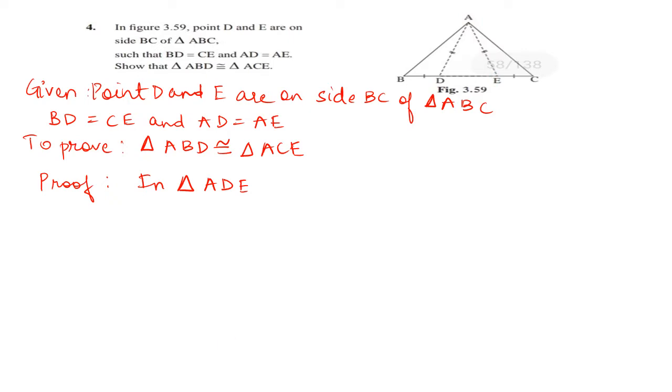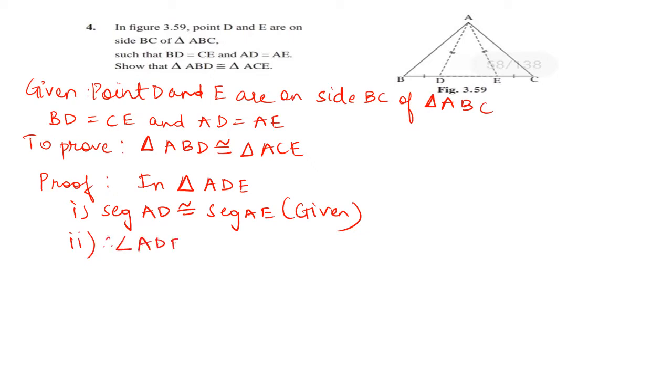So in triangle ADE, it is given that segment AD is congruent to segment AE. Therefore angle ADE is congruent to angle AED by isosceles triangle theorem.